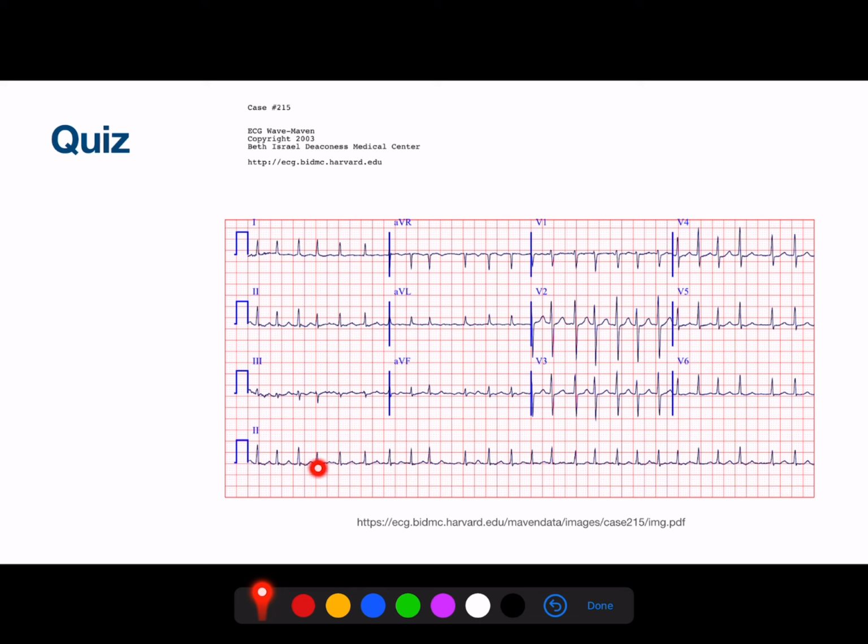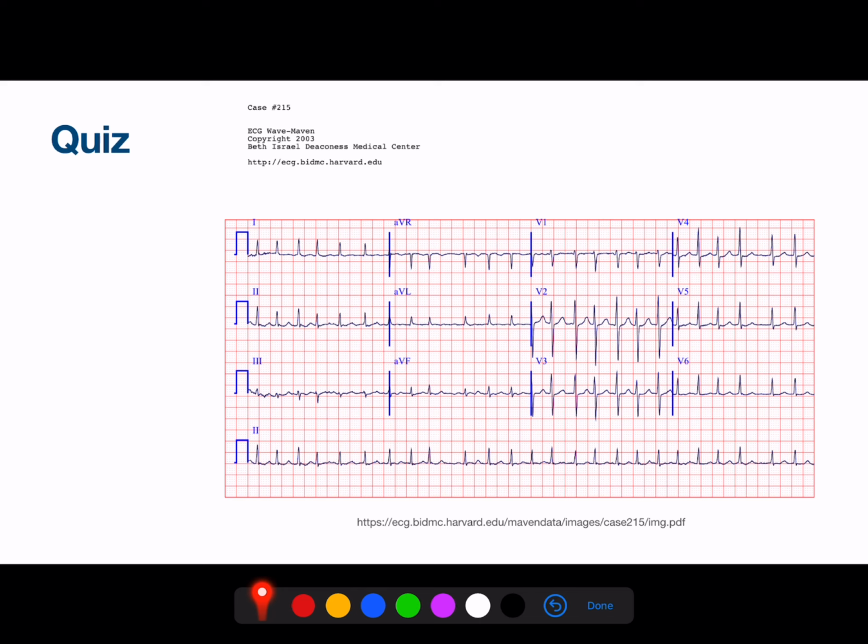So, for example, here it's almost two big squares. Then here's two squares and then maybe one small square more. Here is a little bit less than two squares, three big squares, two again, and so on. So we know it's irregular.